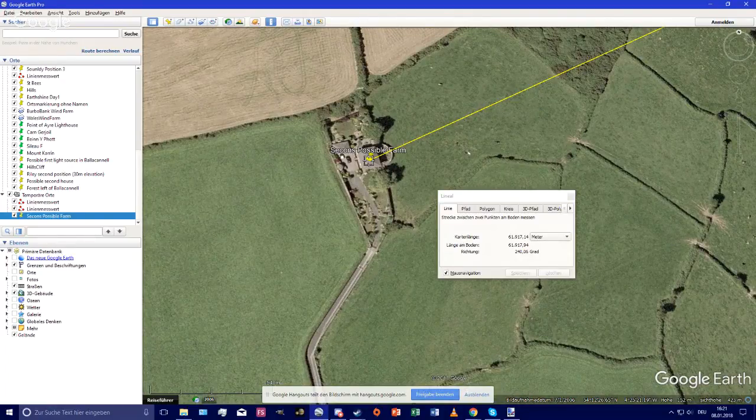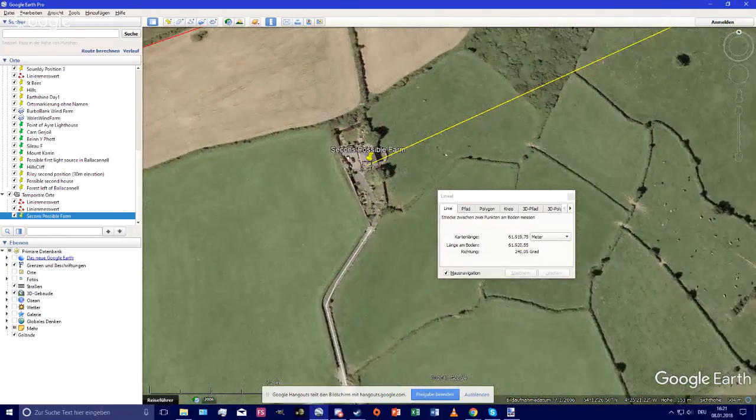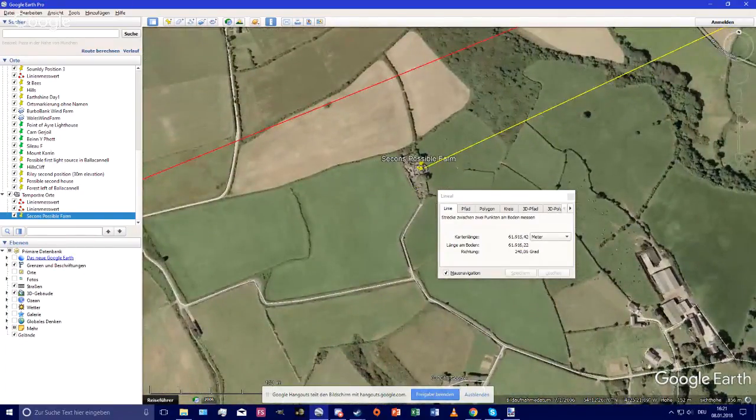On mine it's 239.94. All right, for me it's 240.06.